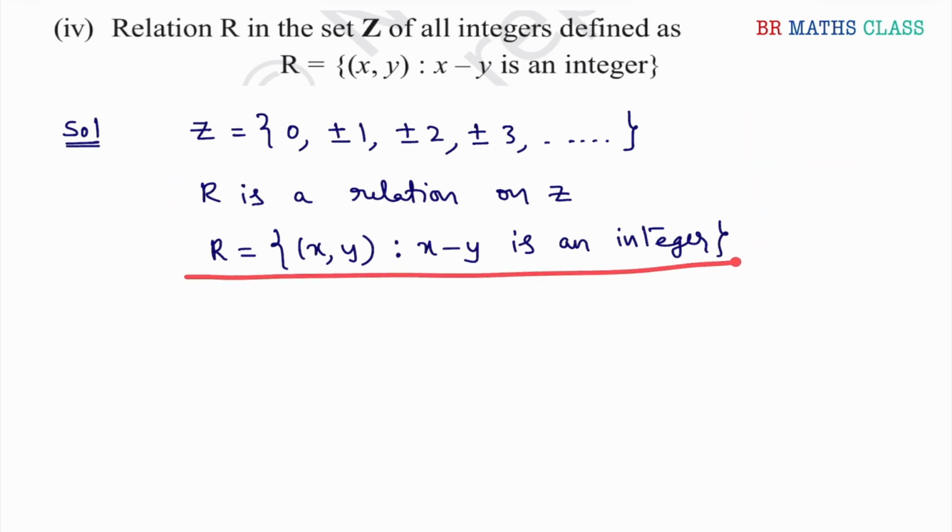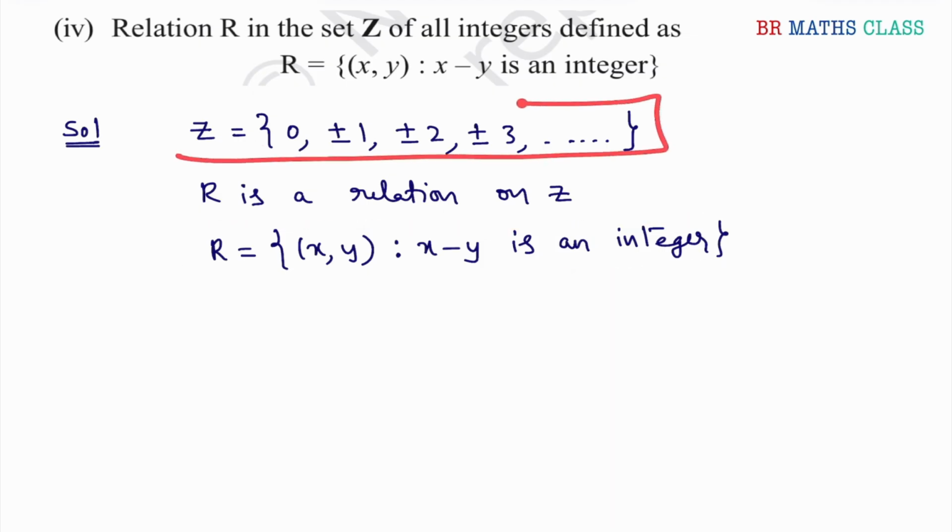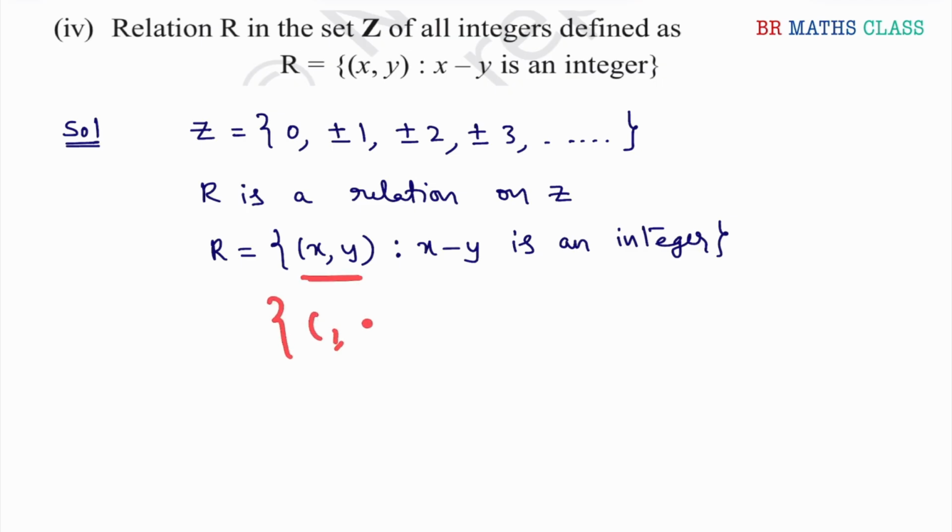Now we need to check whether this relation is reflexive, symmetric or transitive. As Z is an infinite set, Z cross Z is also an infinite set. So writing this relation in roster method, like 1 comma 1, 1 comma 2, is not a good idea. Actually it is not possible, because R is also an infinite set here.